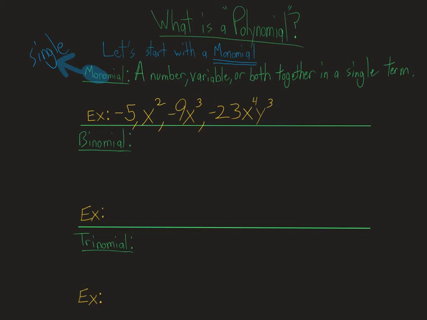If bi is on the front, what does bi mean? Bi means 2. So what do you think a binomial is? It's just 2 monomials being added or subtracted.